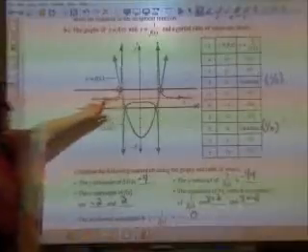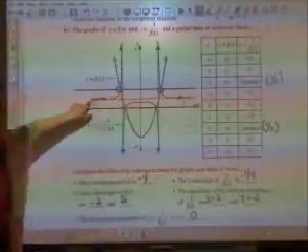Okay. Then, as f of x approaches blank, the graph of the reciprocal approaches closer to the horizontal asymptote. So when does this go to the horizontal asymptote?